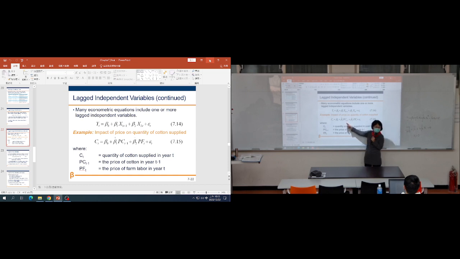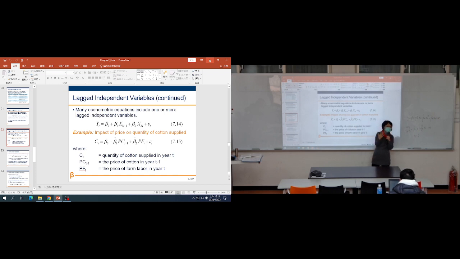Usually we do the current years, where x variables and y variables all refer to the same year, same time points. Since we say the cross-sectional data is always referred to the same time points. But if we have this one, this is not really cross-sectional data. This is time series data.